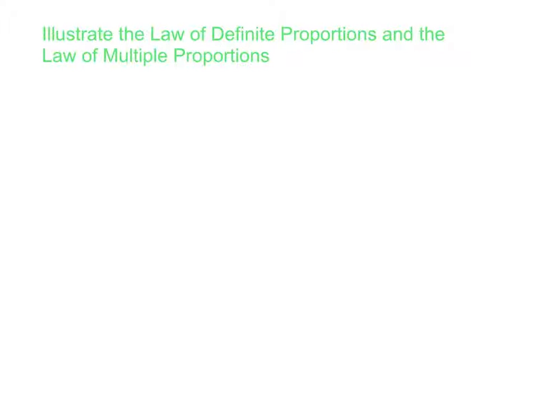Okay, so now we're going to illustrate the law of definite proportions and the law of multiple proportions. So, the law of definite proportions states that in a compound, the masses stay in the same proportion between the elements.